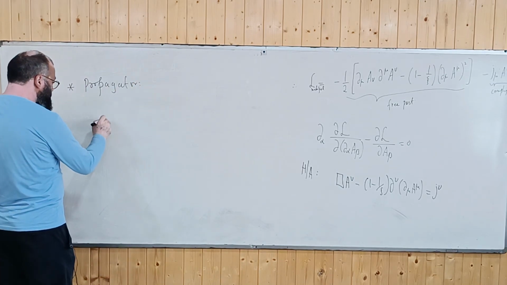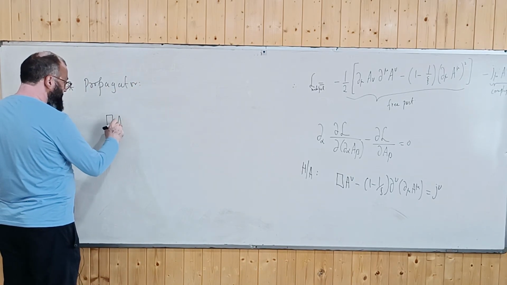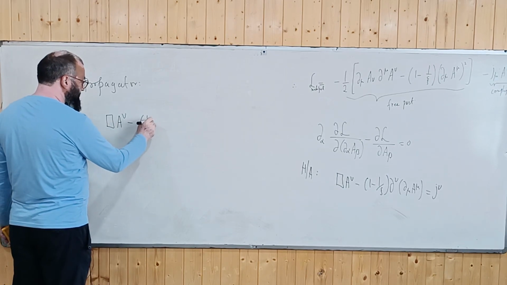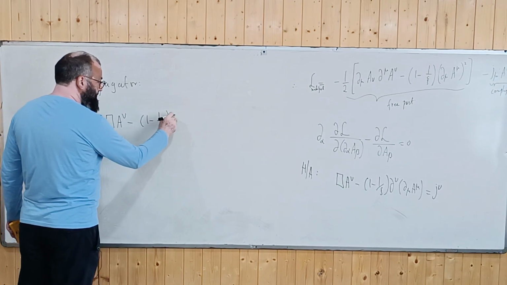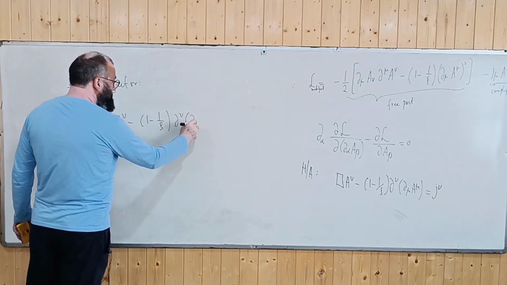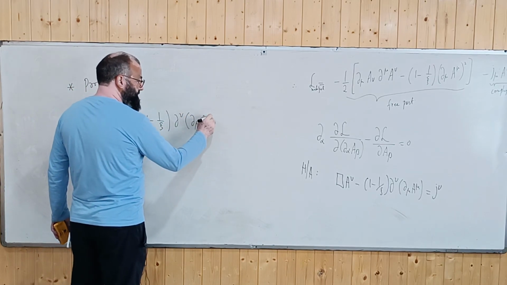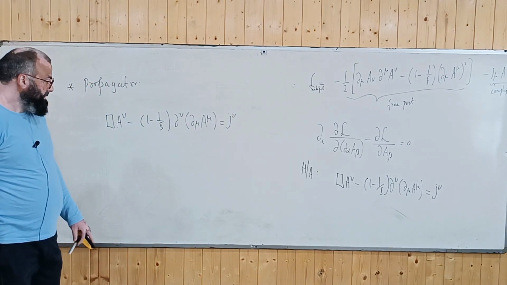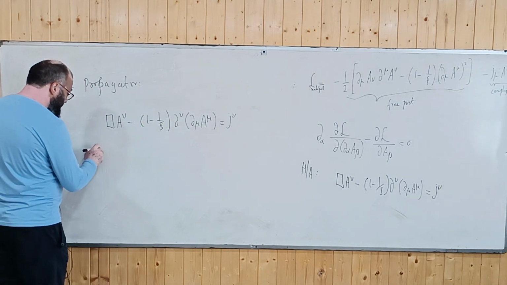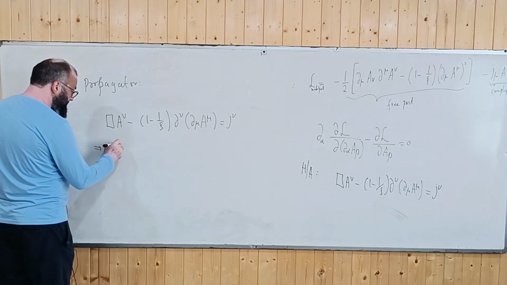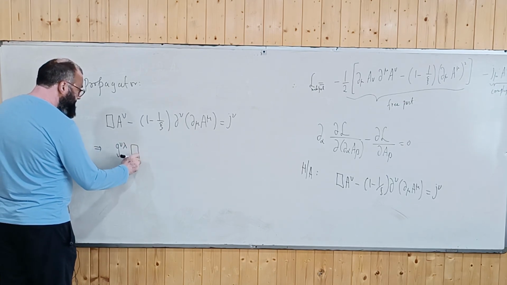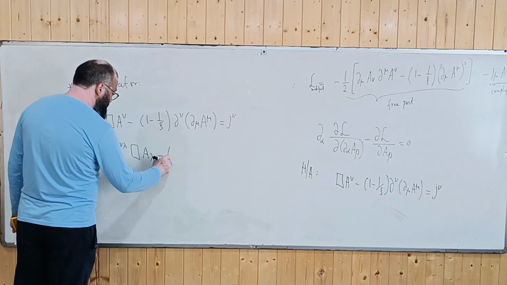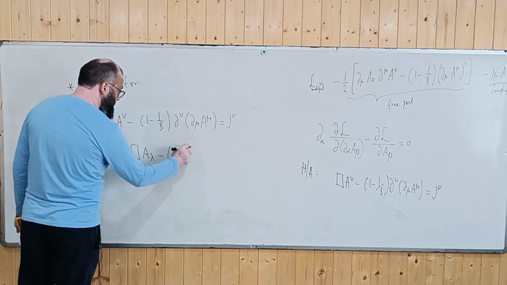What we'll do, let me write this for you again. Minus 1 minus 1 by zeta partial mu F mu, that's equal to G mu. So this I can write like this: G nu lambda A lambda, minus 1 minus 1 by zeta.